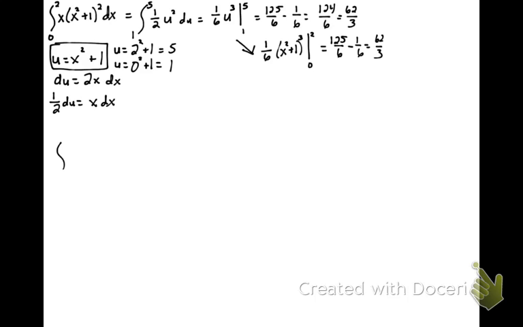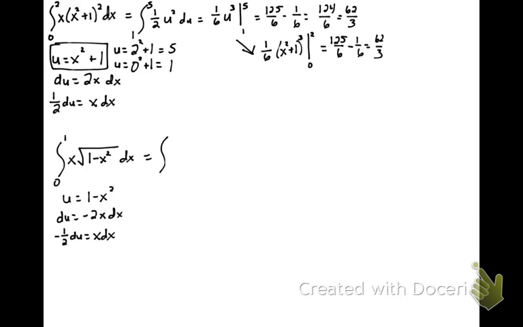Here we have the integral from 0 to 1 of x times the square root of 1 minus x squared dx. I'll let u equal 1 minus x squared. So du equals negative 2x dx. I need x dx, so if I multiply both sides by negative 1/2, I've solved for x dx, and I'm ready for u-substitution.